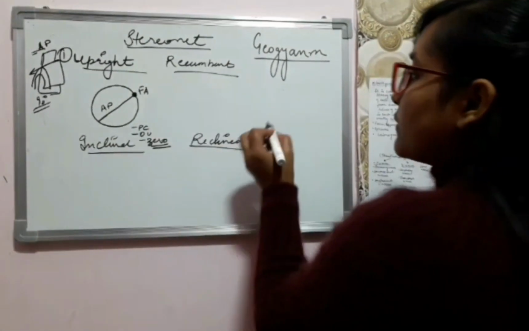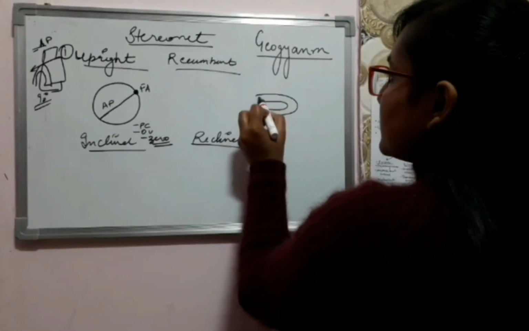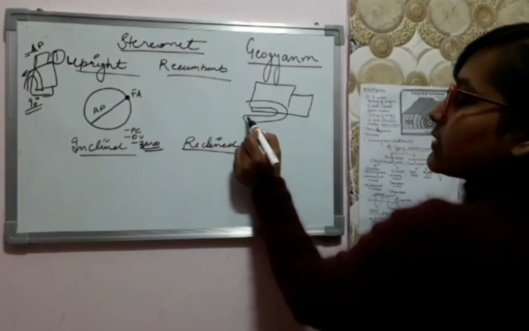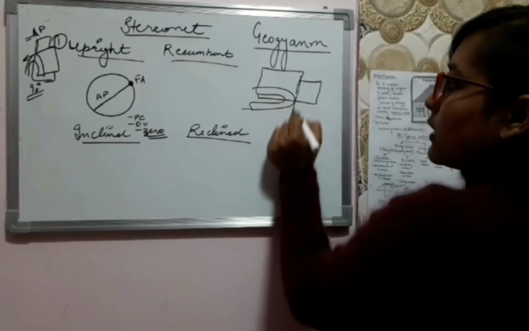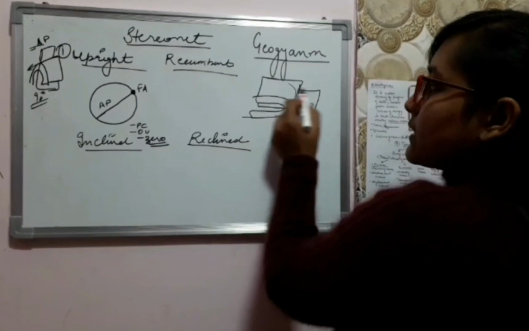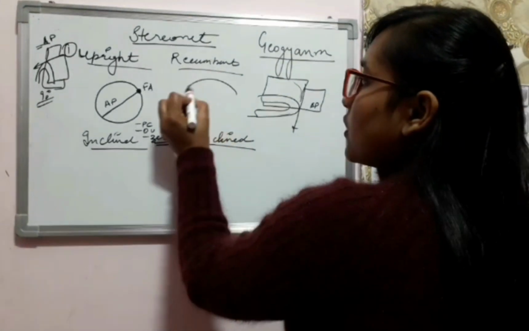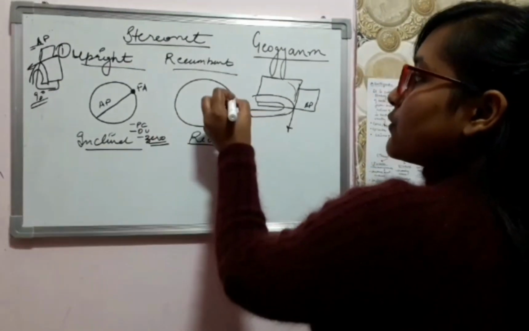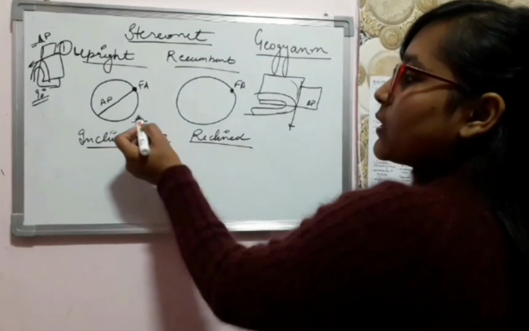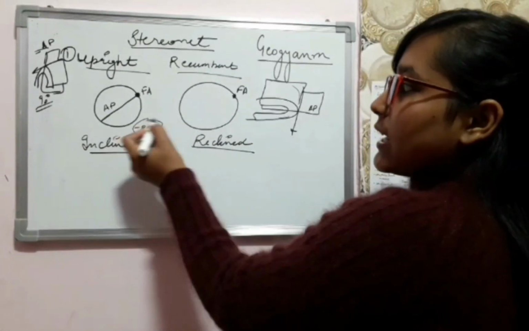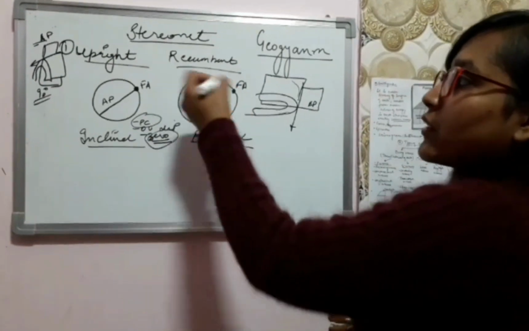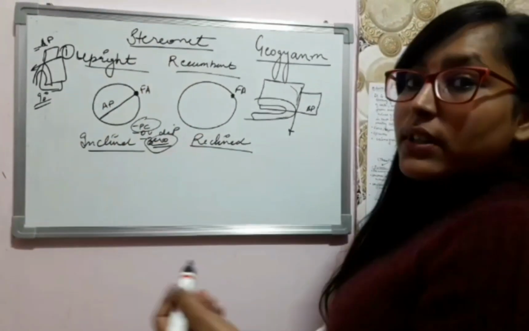And what about the recumbent fold? For recumbent fold, you can see that both fold axis and the axial plane, they are horizontal. So where will we plot the fold axis? Your fold axis will lie here on the outer circle, because outer circle is also called primitive circle and its dip is always 0 because we take outer circle in stereonet as a horizontal plane.